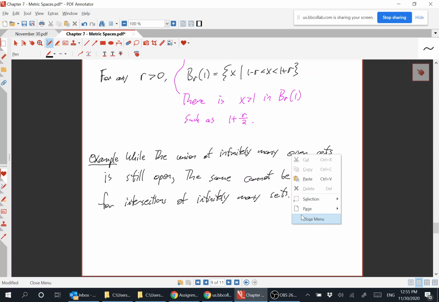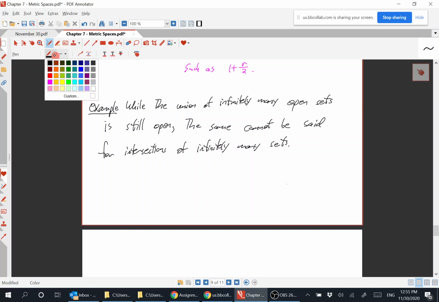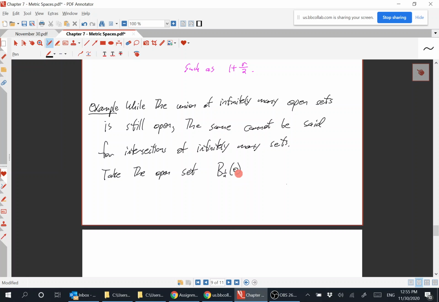So take the following open sets in R: the ball of radius 1 over n around 0, which is equal to the interval from minus 1 over n to 1 over n, the set of all x such that minus 1 over n is less than x is less than 1 over n, inside the metric space R.